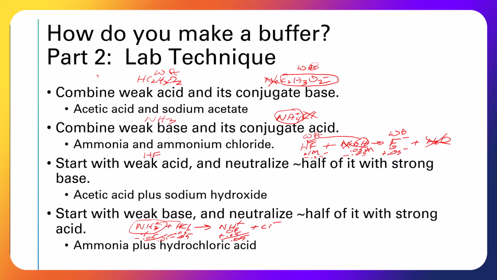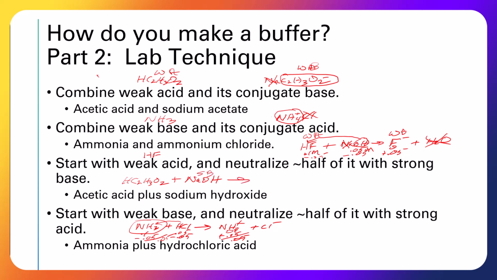I guess up here I shouldn't have used HF, which is toxic as hell. Nobody really wants to use it. You could. We're using acetic acid, so let's just use acetic acid instead. HC2H3O2 plus sodium hydroxide, and we're just doing the reaction.